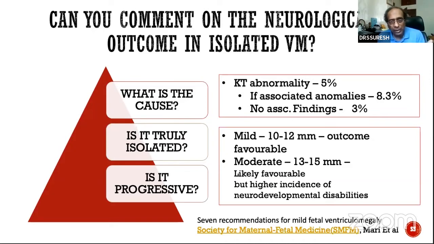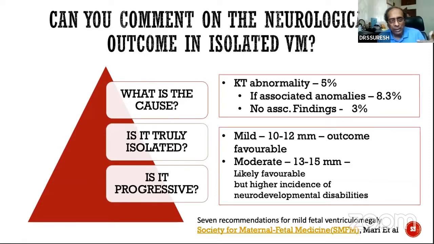So we know that karyotypic abnormality is present in about 5%, but that is more if there are associated abnormalities, as compared to when there are no other associated abnormalities, where the karyotypic abnormality is only 3%. Now the second thing is, we were talking about mild versus severe ventriculomegaly with 15 mm as the cutoff.